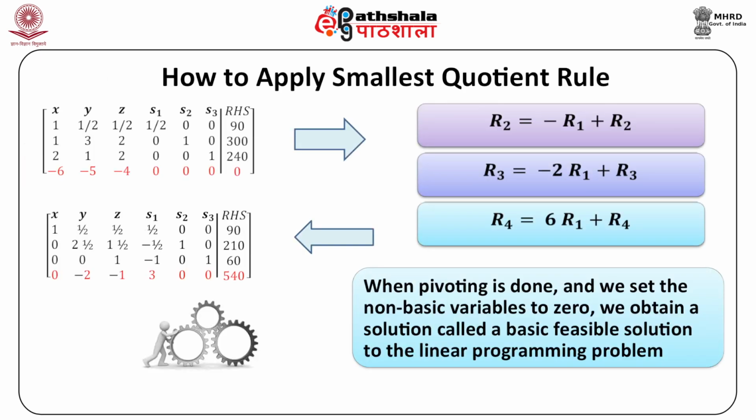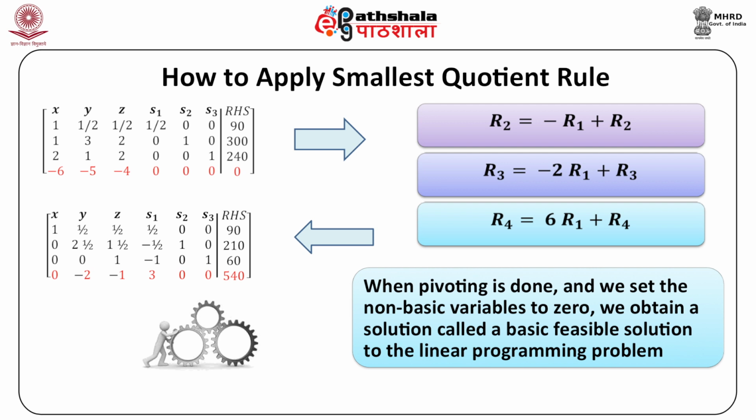Let us understand how to apply the smallest quotient rule. Select the smallest quotient. The pivot element is the intersection of the column with the most negative indicator and the row with the smallest quotient. The pivot is the 2 in column 1 in this table. Now change the pivot element to 1.